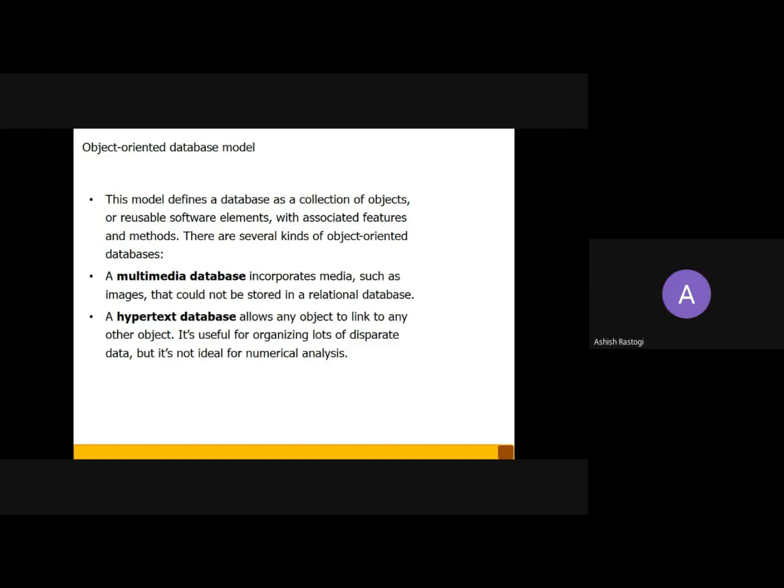Have you heard about that object oriented programming? Yes, sir. Acha, yes. How many of you know the basic programming skills? How many of you know about the programming language basics? Ashish, I have done VBA, so I know some programming. Which programming language did you learn? I have learned VBA macros. Acha, VBA macros. Okay. Ankita, what about you? Yes, sir.